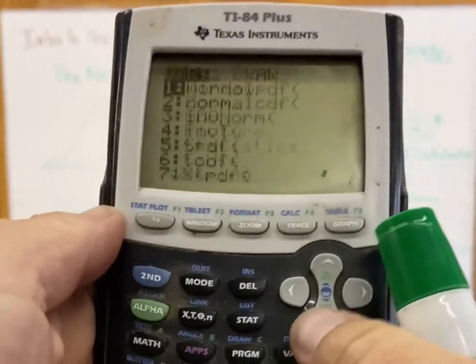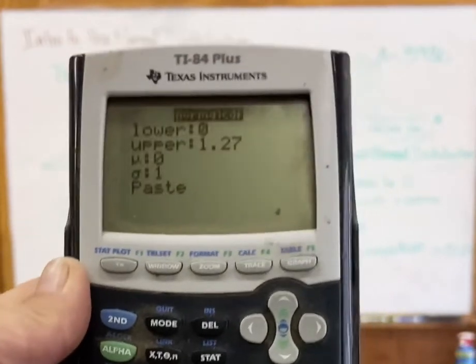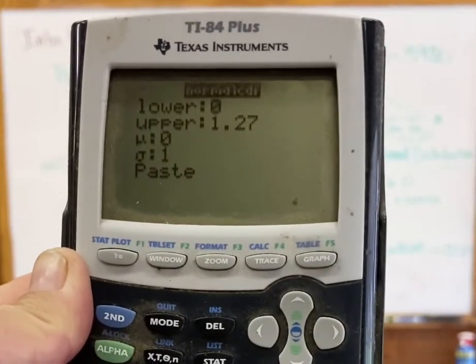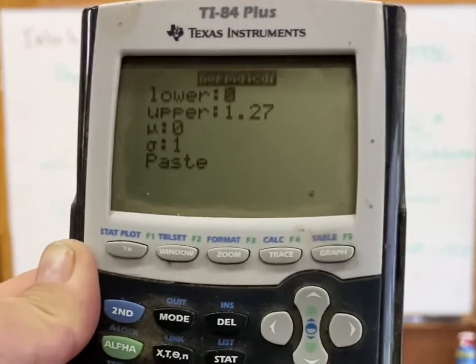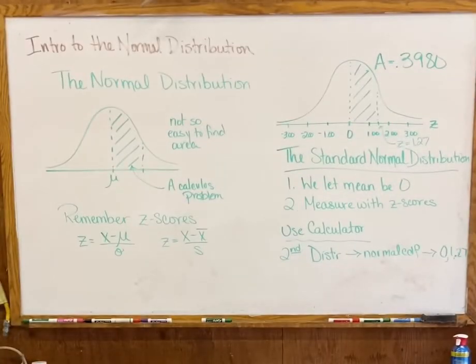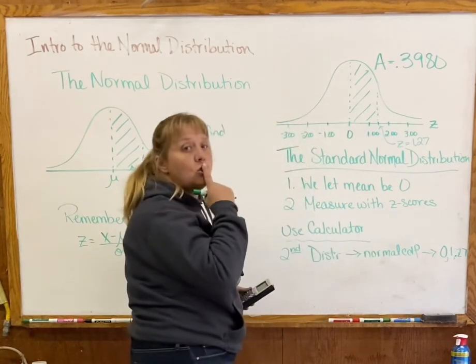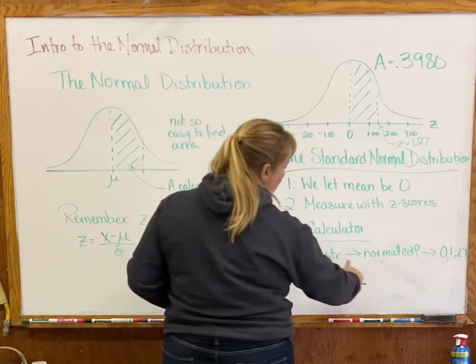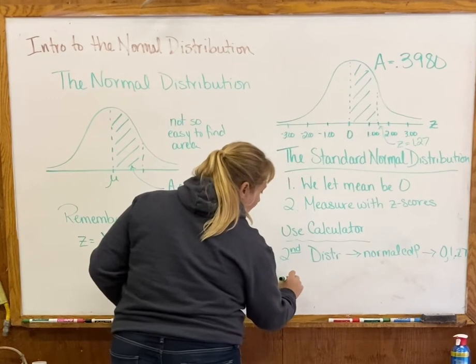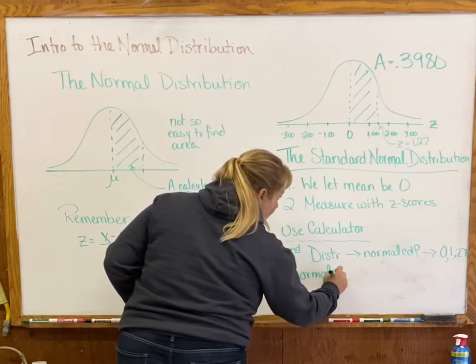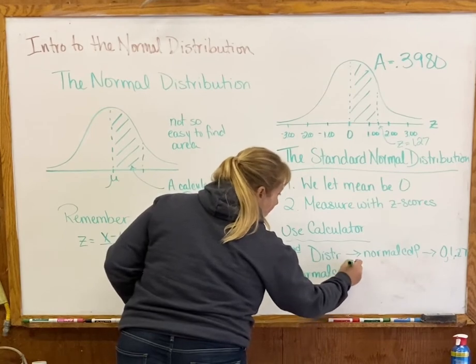Now, again, depending on what level of calculator you're using or age of the calculator, when you go to distribution and you go to CDF, some of you may get a screen that looks like this: Lower, upper, and then go down to paste. Others of you, when you go to second distribution, or over to normal CDF, the screen is going to say normal CDF parentheses.